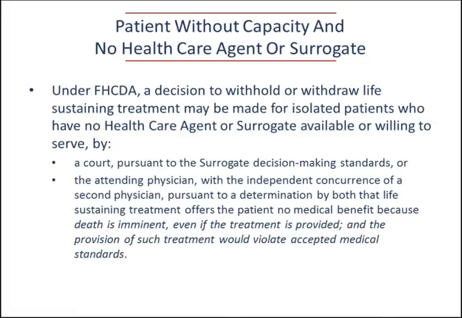But in that situation where you have no healthcare agent and surrogate, then decisions can be made for that patient by a court in accordance with the same decision-making standards that apply to a surrogate.